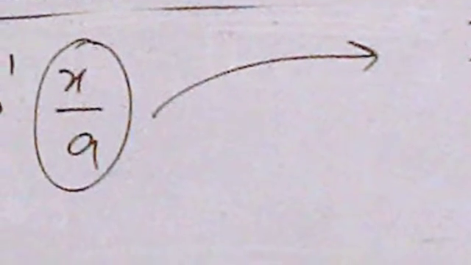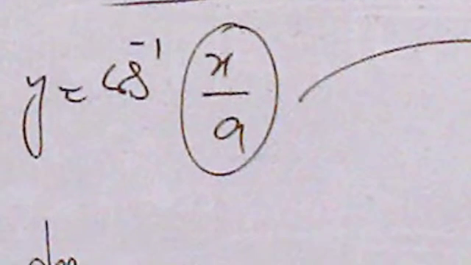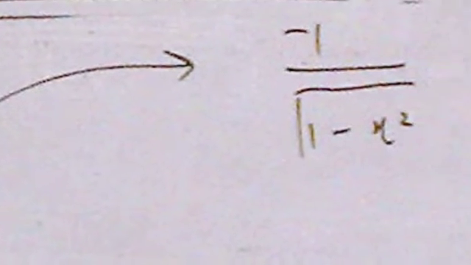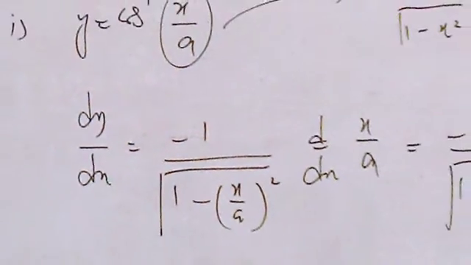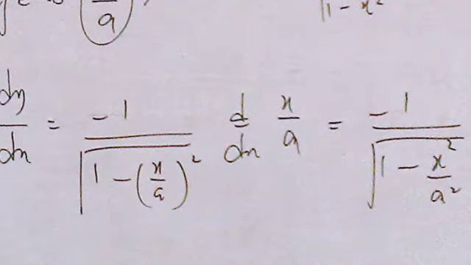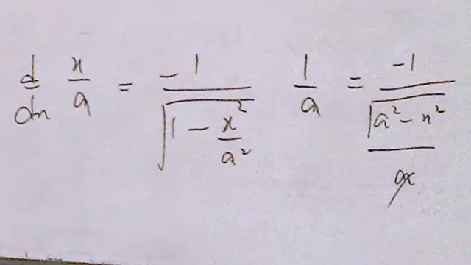But where we have cos inverse of x over a, we place x over a in place of x, and the derivative of x over a is 1 over a.